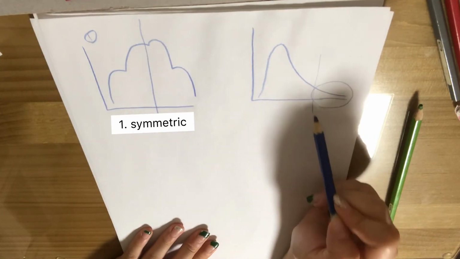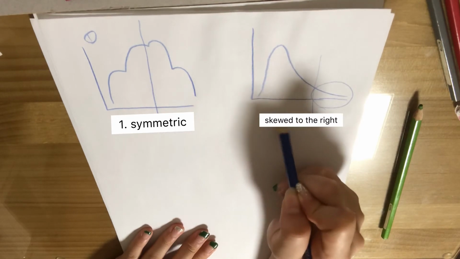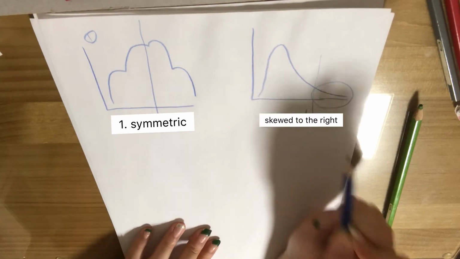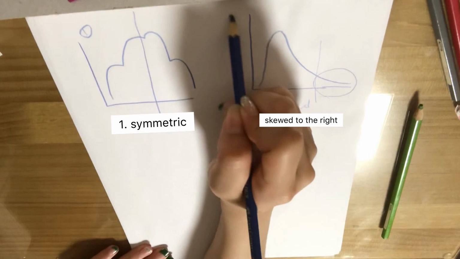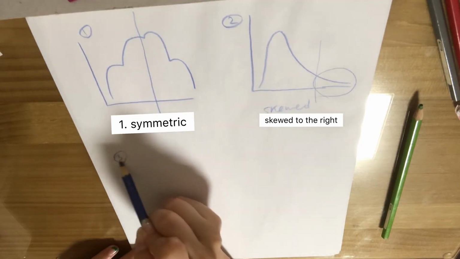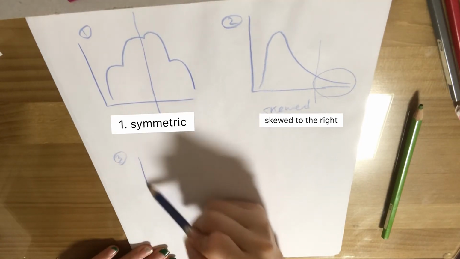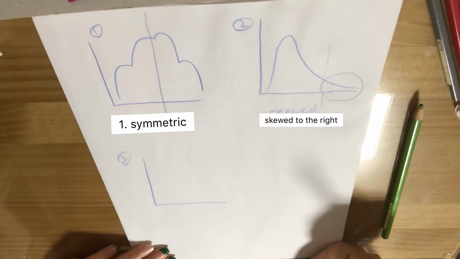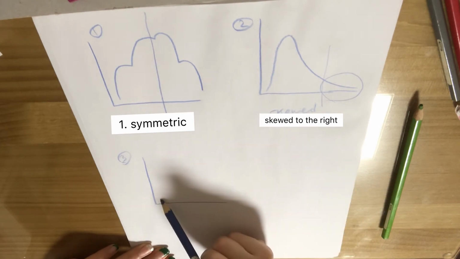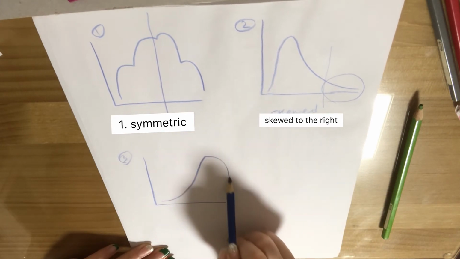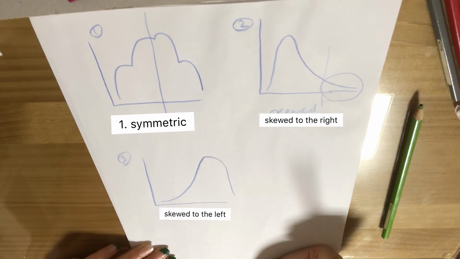Tail on the right side, skewed to the right. And the third one they emphasize is skewed to the left. How should we draw? Tail at the left and a mountain on the positive side.